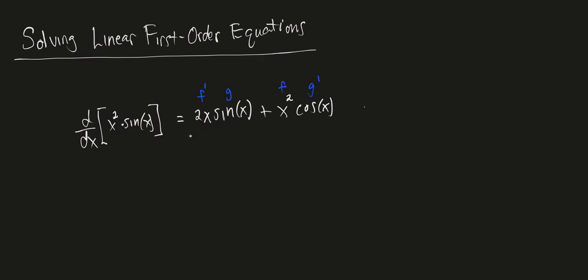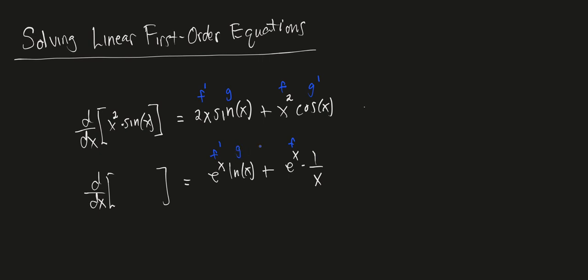Let's try another one. So let's say we had something like this. The derivative of what is equal to e to the x natural log of x plus e to the x times 1 over x. Well, I think we can clearly see the pattern here as well, because the derivative of e to the x is still e to the x. So that could be my f prime, and then we know that the derivative of the natural log is 1 over x.